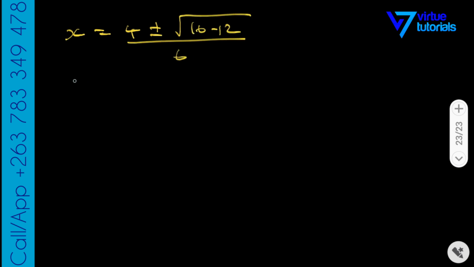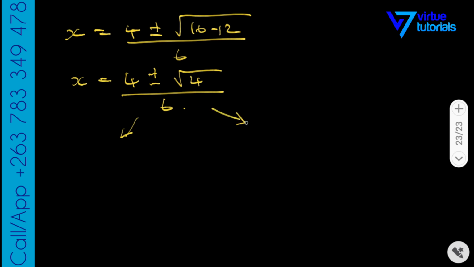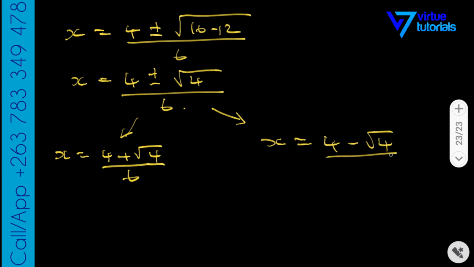So 16 minus 12, that's 4. So x is equal to 4 plus or minus square root of 4 all over 6. So I can split this now into one expression with a positive and another one with a negative. So x will be equal to 4 plus square root of 4 over 6, or x will be equal to 4 minus square root of 4 over 6.